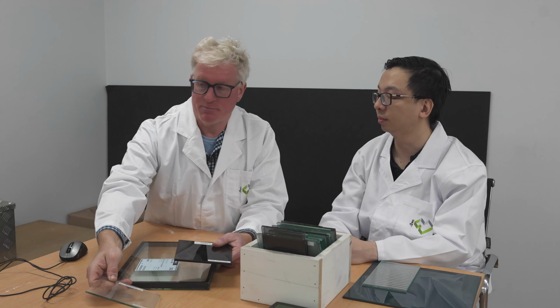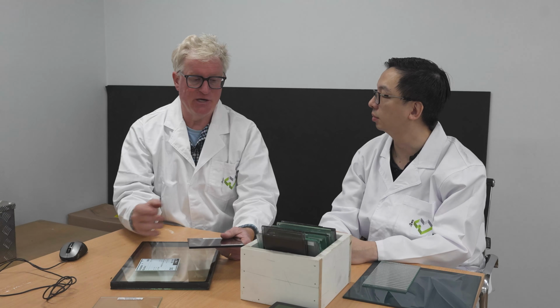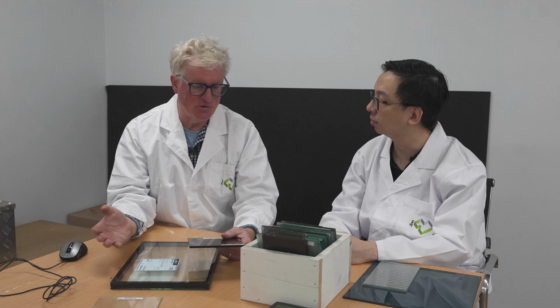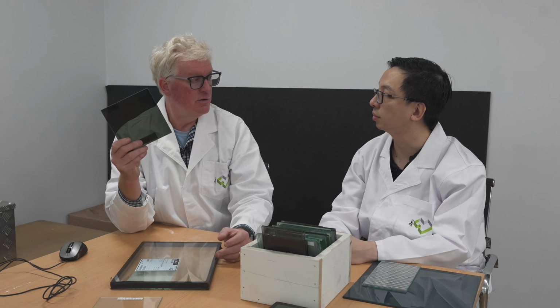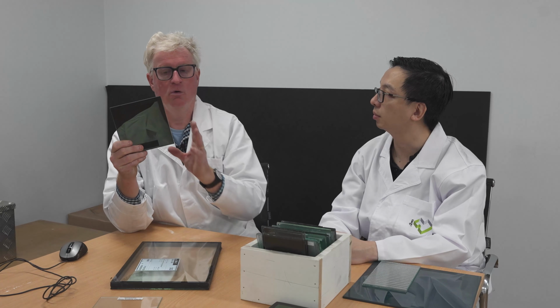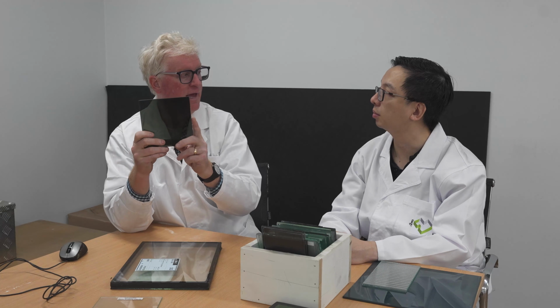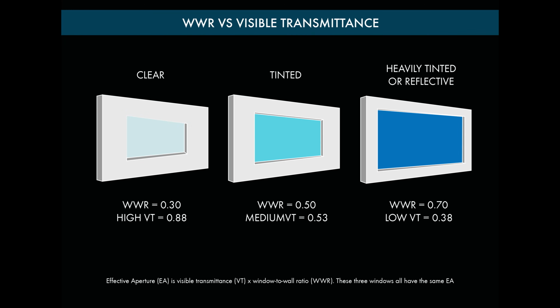As we move up in our window to wall ratio, where more window takes over, such as 60, maybe even 75 to 80%, we tend to want to go with a performance glass in terms of tinting, letting less heat and less of the visible spectrum through.